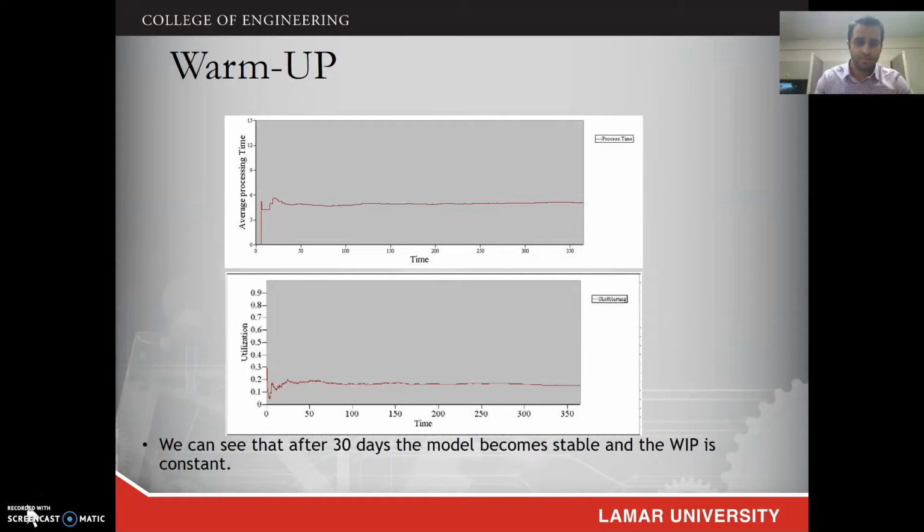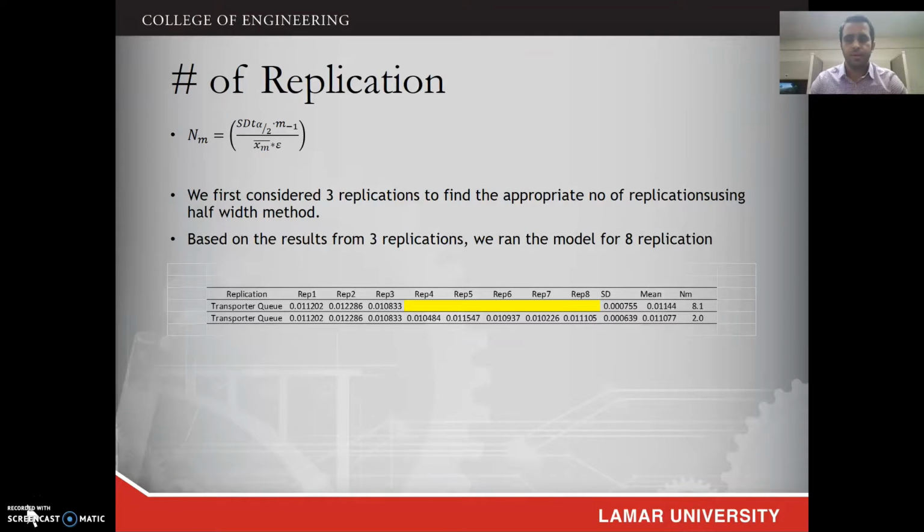the warm-up on the steady state. To define the necessary number of replications, we use the half-width method. In the first step, we ran our model for 3 replications, and we calculated the standard deviation and the mean, and we came to the conclusion that 8 replications is good.